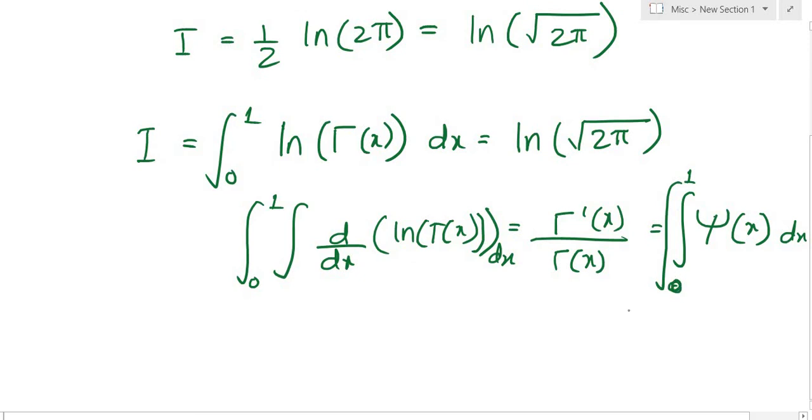Now, using the definition of digamma, say for example using the series representation of digamma of x, yields some sort of convergence problems. So otherwise we could have easily done that, but it seems that Euler reflection formula is a way more efficient solution.